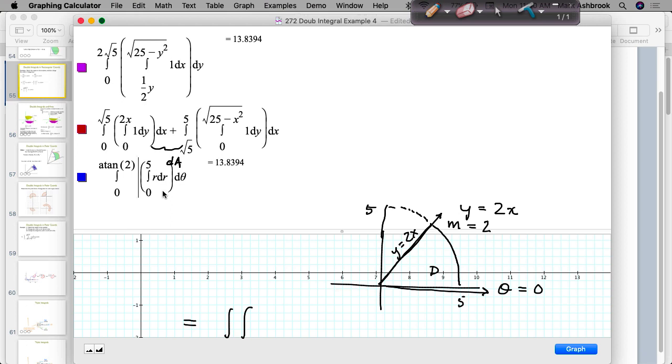Constant r and constant angle. Okay. 0 to 5, 0 to arctangent of 2. So it's the most efficient in polar coordinates because the region is best suited to polar coordinates. But all 3 will give the same value.